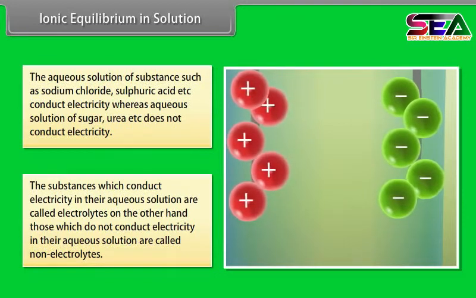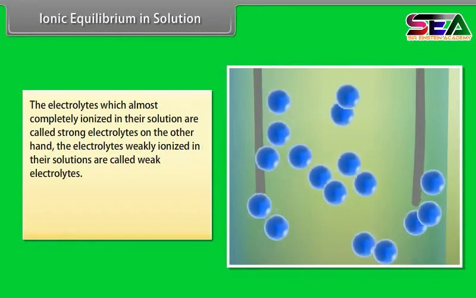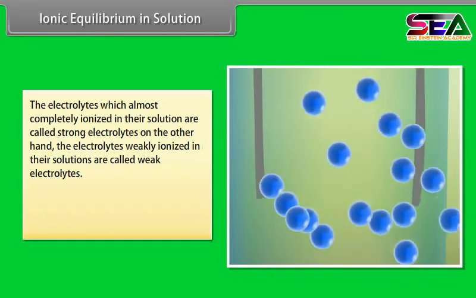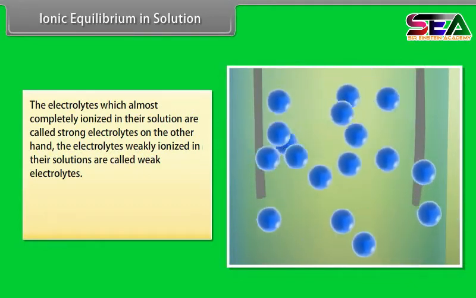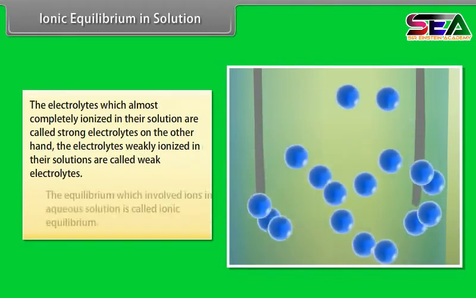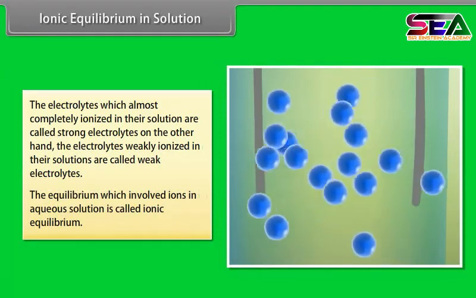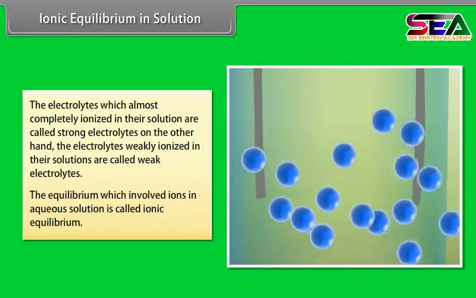On the other hand, those which do not conduct electricity in their aqueous solution are called non-electrolytes. The electrolytes which almost completely ionized in their solution are called strong electrolytes. On the other hand, the electrolytes weakly ionized in their solutions are called weak electrolytes. The equilibrium which involved ions in aqueous solution is called ionic equilibrium.